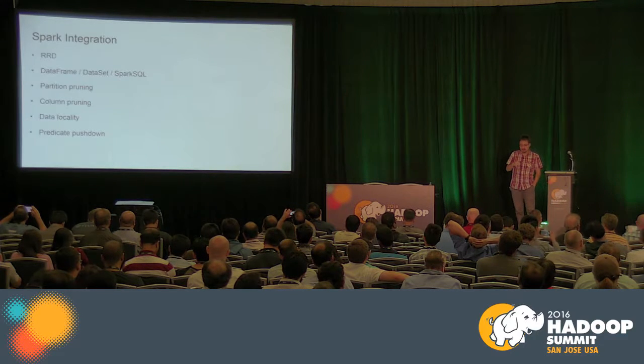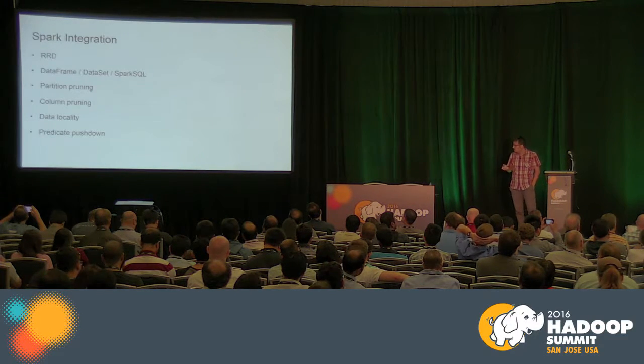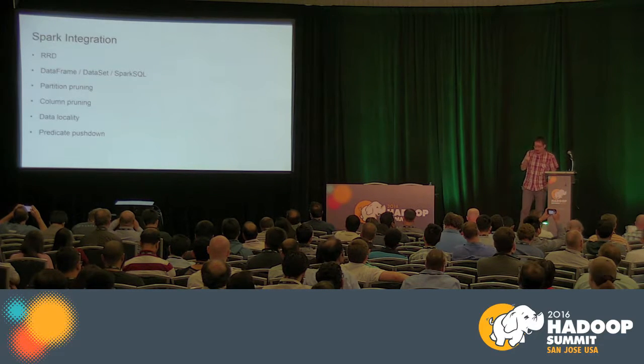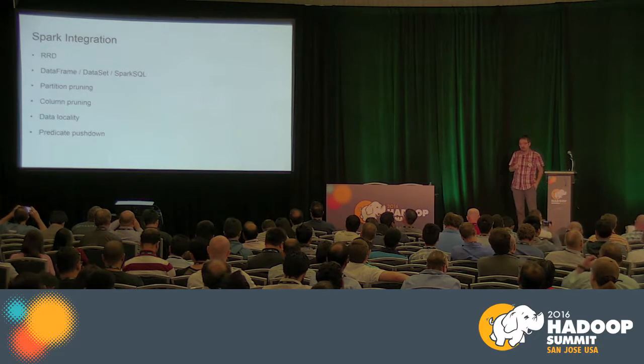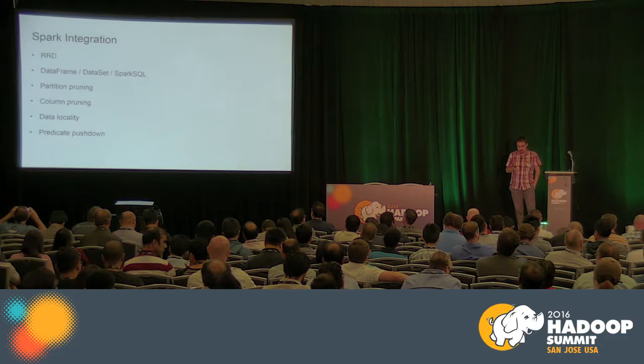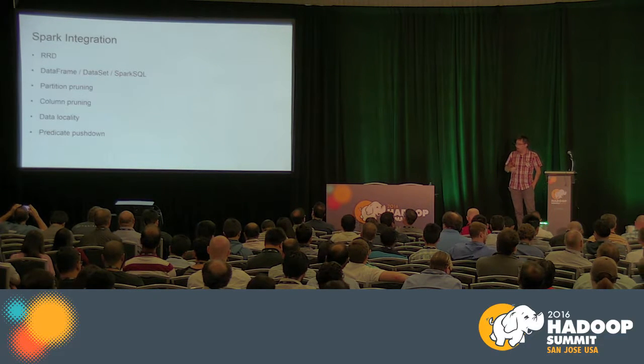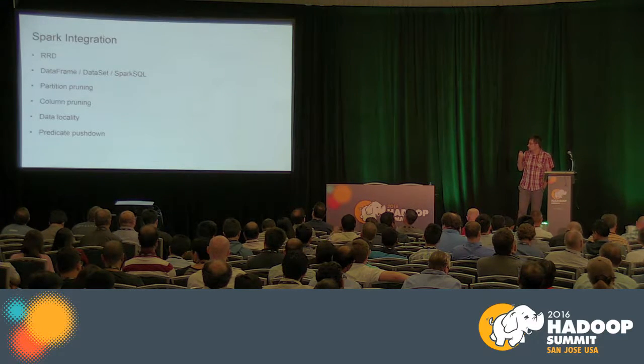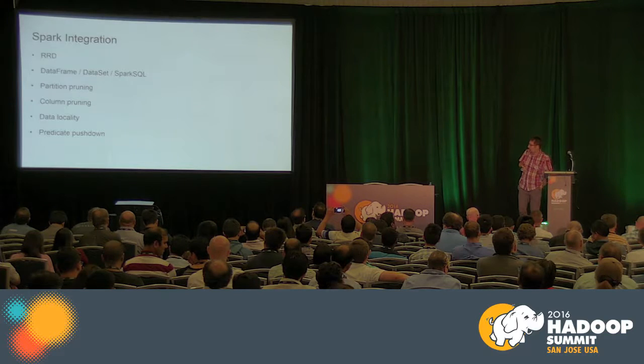This is the native Spark to HBase integration. The RDD work was done some time ago, and now there's new work that has been going on, which adds the data frame, the data set, and the Spark SQL support. It can do partition pruning. It can do column pruning.